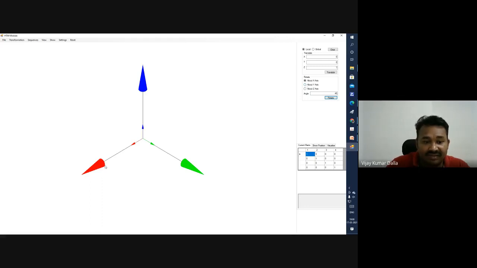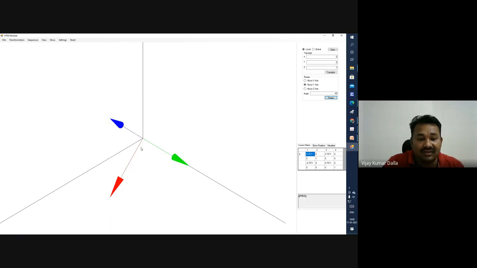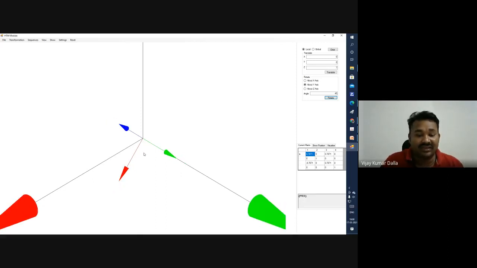This is the x, and the green color is for the y-axis. Now see what's happening. This can be visualized by zooming out.